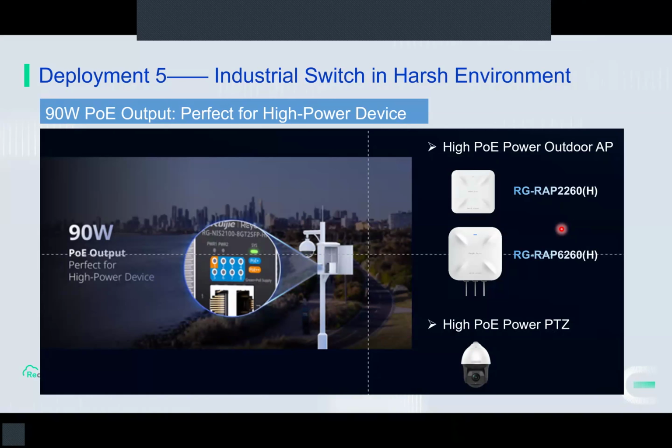So our temperature tolerance is higher. And for the industrial switch, the first port supports PoE++ and 90 watts. So you can use this port to connect the PTZ camera or a high power access point, for example, the Wi-Fi 7 access point.